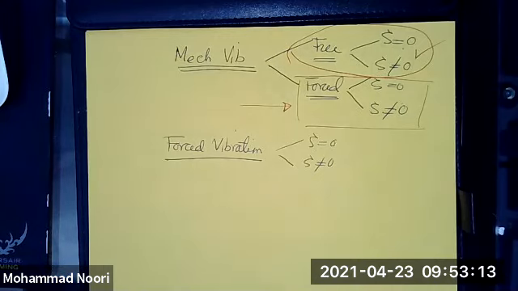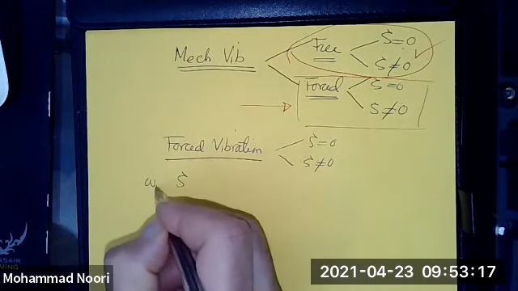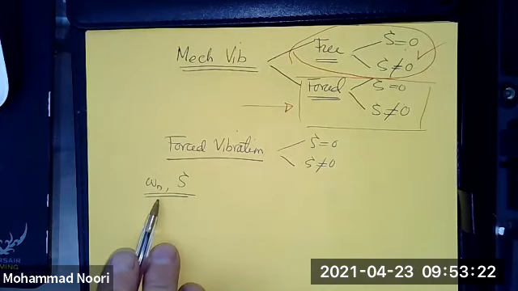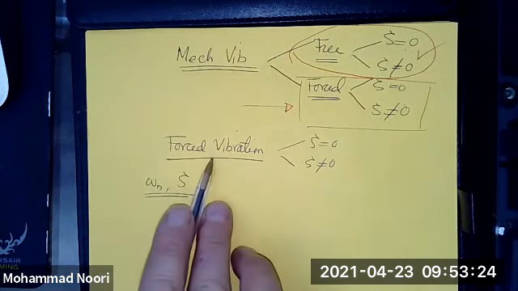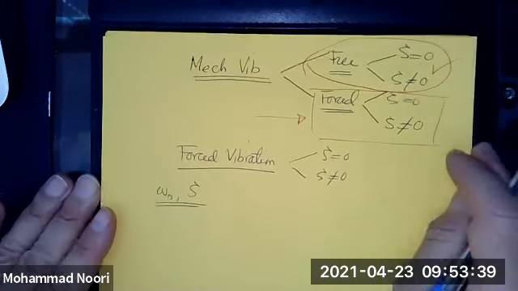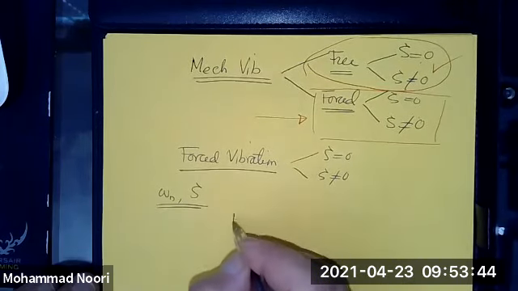From free vibration, we learned how you identify and evaluate these two important dynamic characteristics. So now let's see what we are going to do with forced vibration. I'm sure you're going to ask, what do you mean by forced vibration? What is the forcing function, which is a time-dependent force that you're talking about?